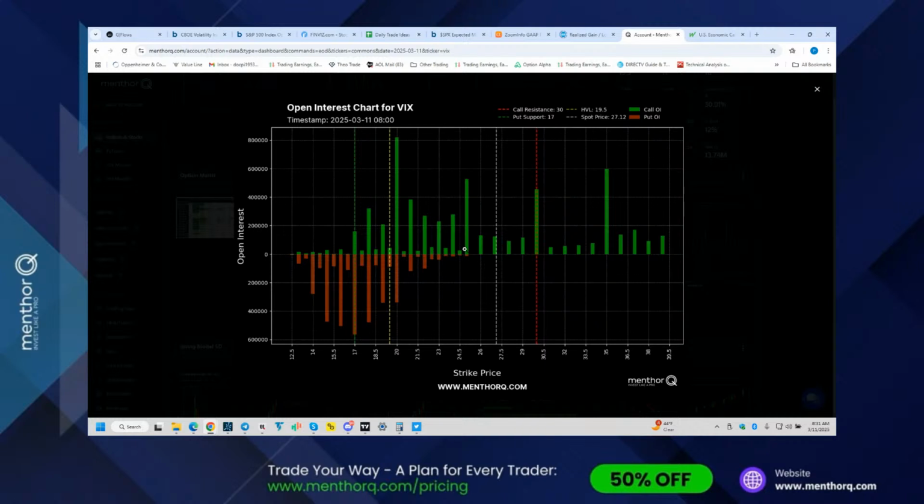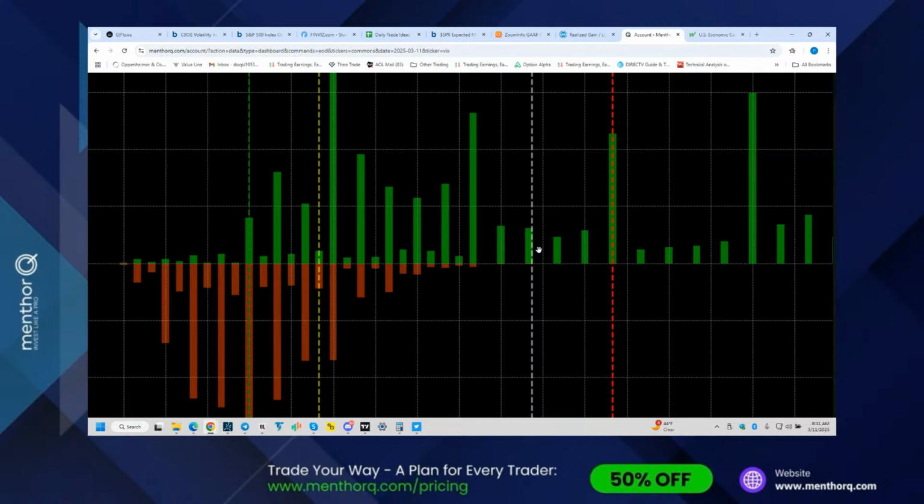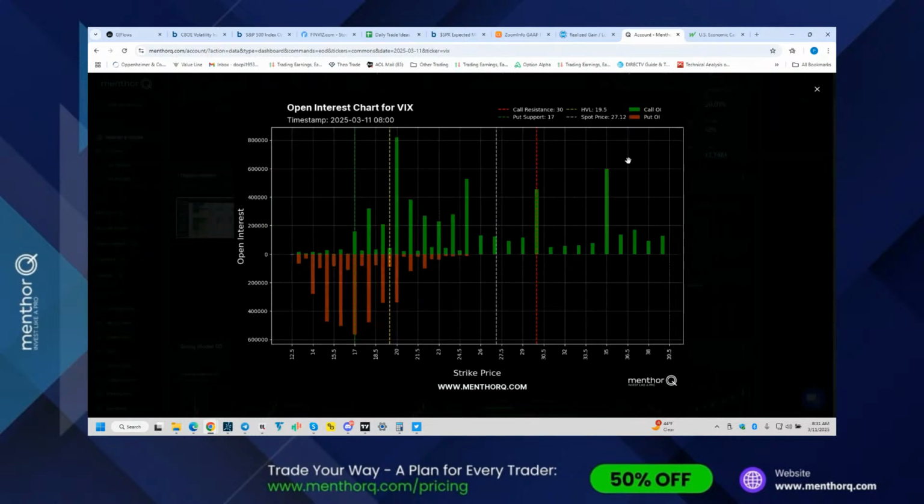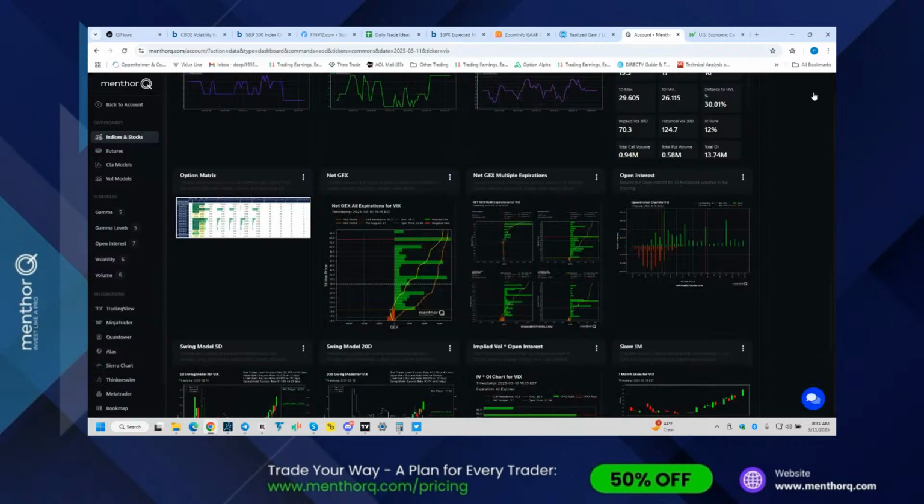We gotta get below 25 to have a chance. 30 is magnetic, but also charm flow pushes it down, should we not get there. Okay, those are kind of your big levels to think about.